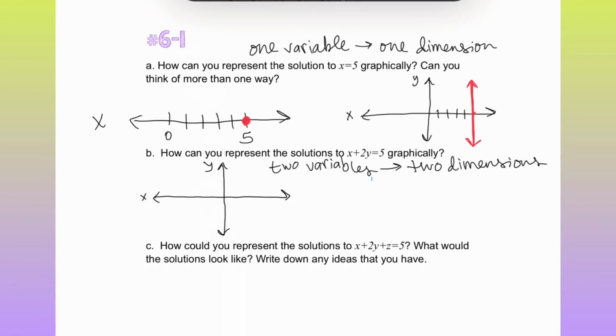But before I can graph it, I want to rewrite my equation into that y equals form. And so y equals -1/2 x plus 5/2.